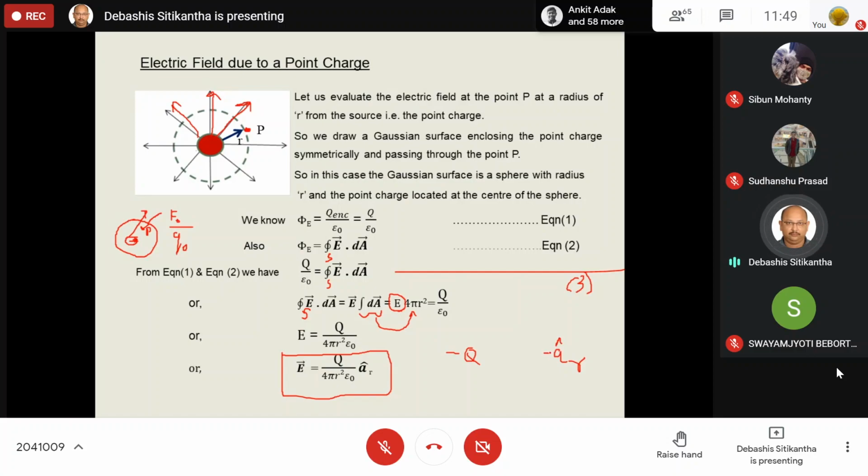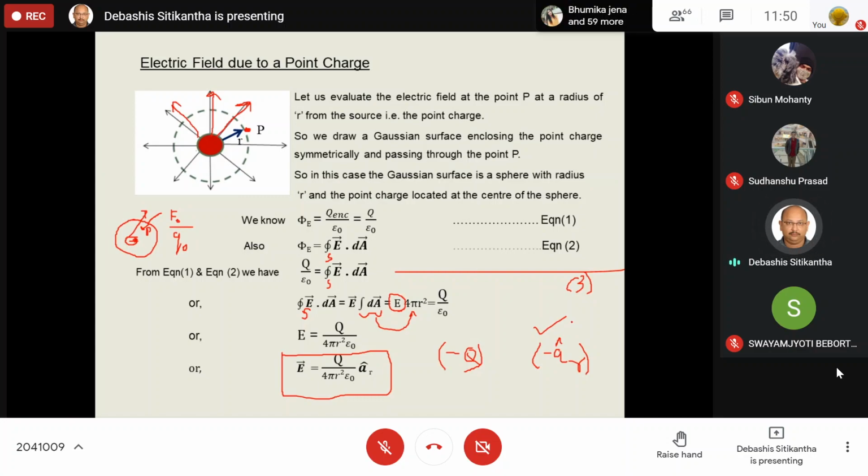Both ways you get the same answer. Either I replace Q with minus Q, or I replace the unit vector by minus a r cap. Just see, with just two lines you have got the expression of the electric field at a distance of r from the charge.